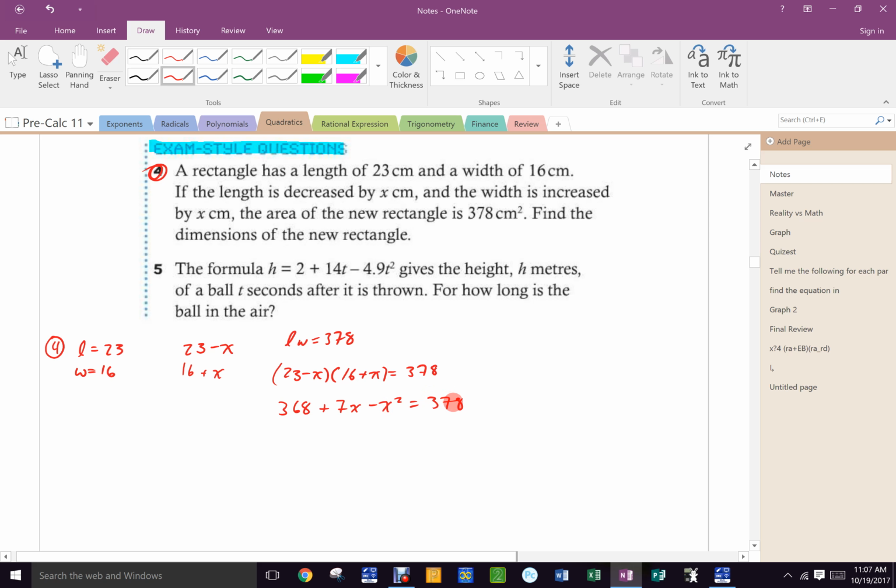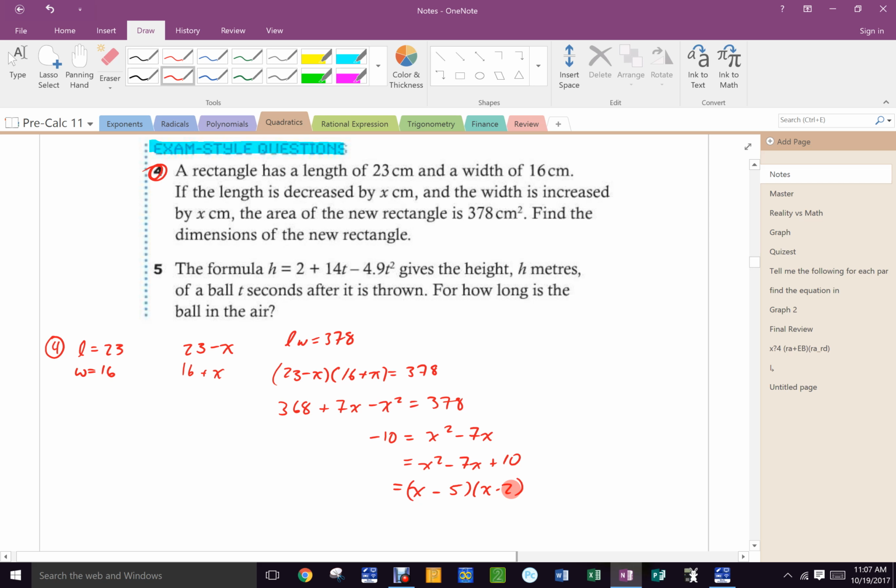I would move the x's so it gets positive, so you're going to have negative 10 equals x squared minus 7x. Now if you bring that over here, x squared minus 7x plus 10, you can factor this to get x minus 5 and x minus 2, right?